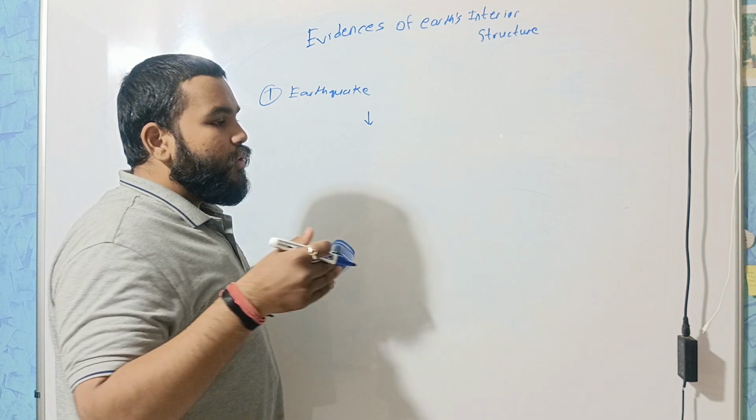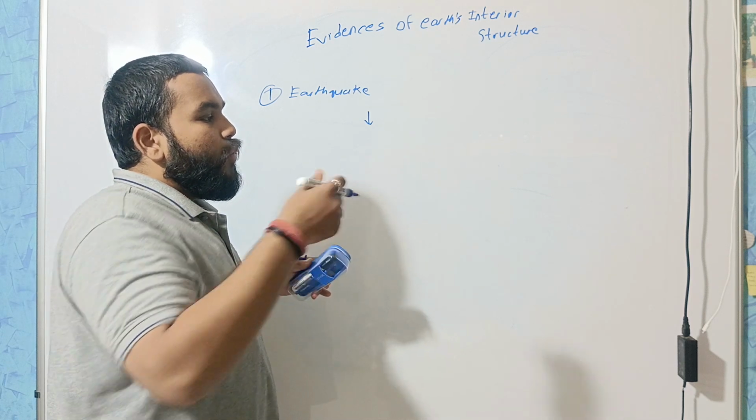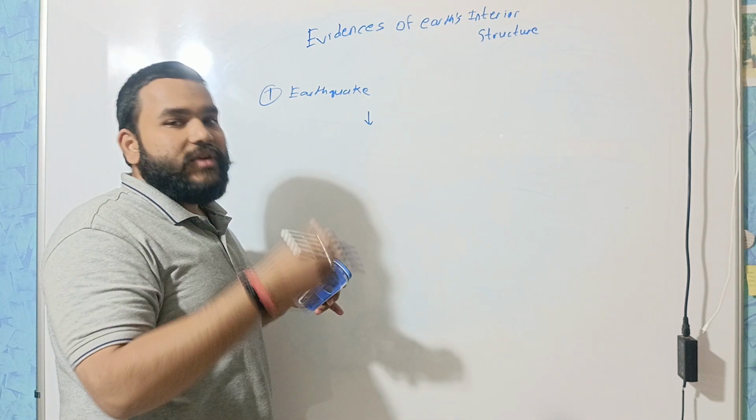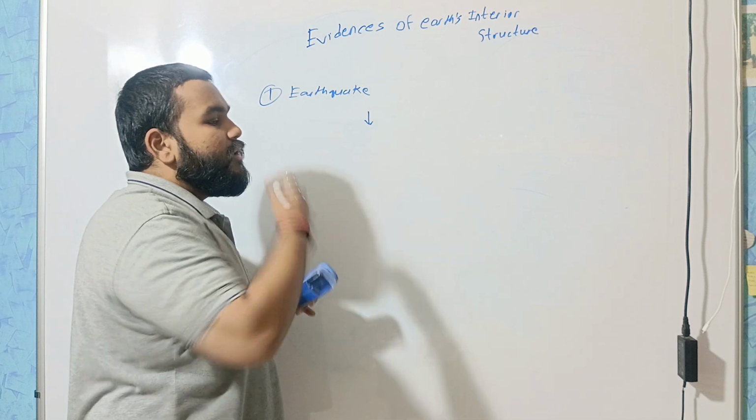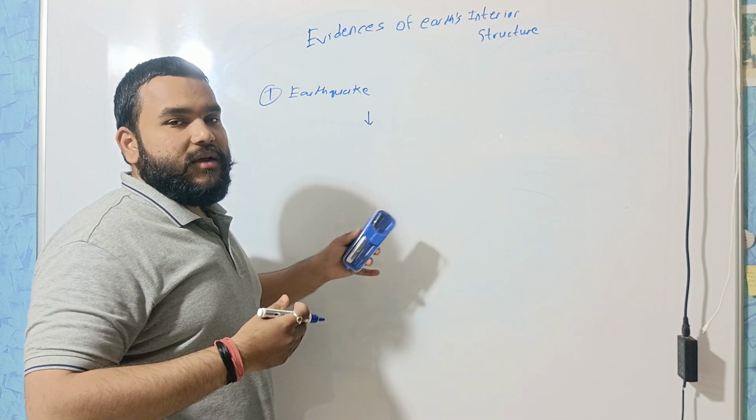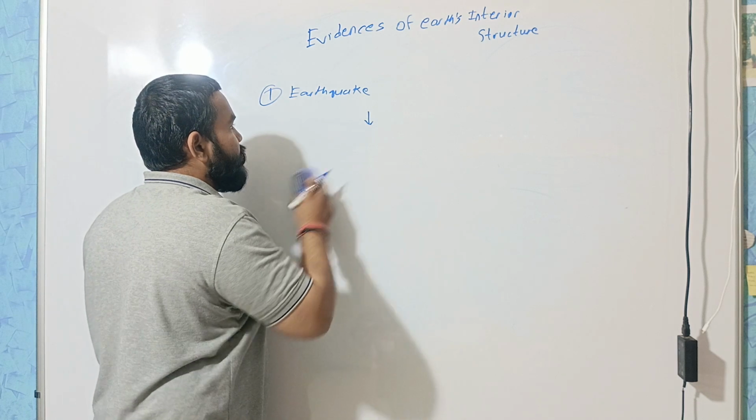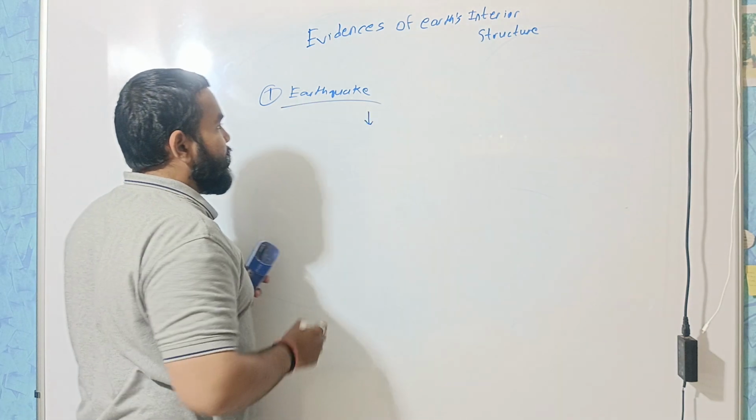So that fast and slow tell us what is actually inside the earth, inside that particular core and mantle and crust. So the first technique is earthquake.